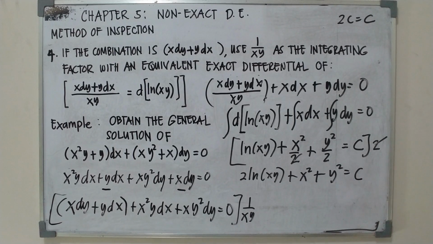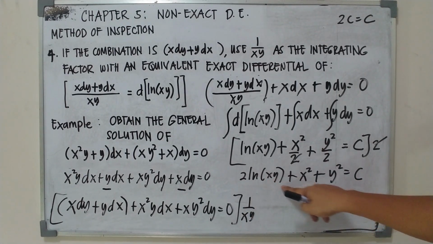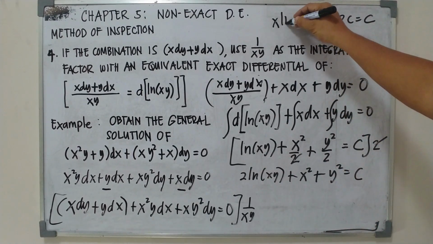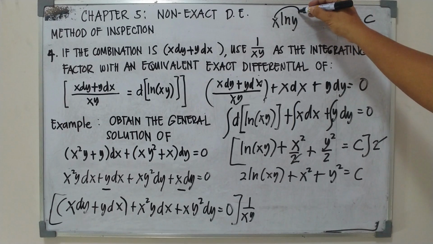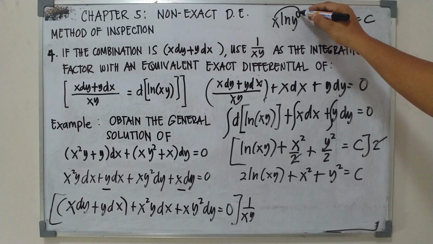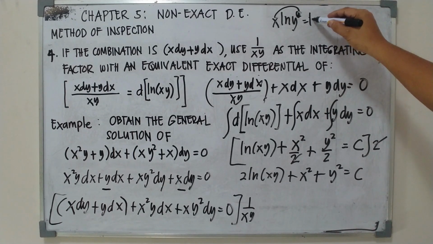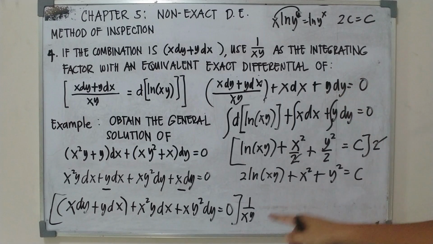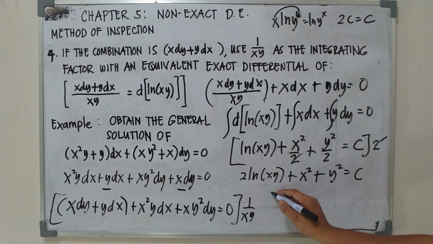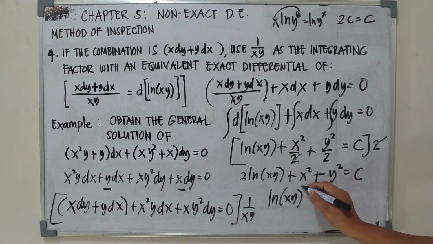So c. Simplifying again our natural log, using the properties of log, we make the coefficient an exponent. So, here is the resulting equation. Same thing here, the 2 becomes the exponent. So, we have ln of xy raised to 2.